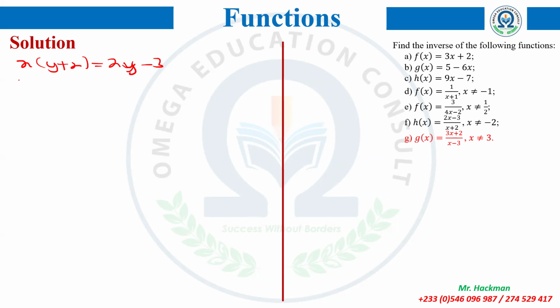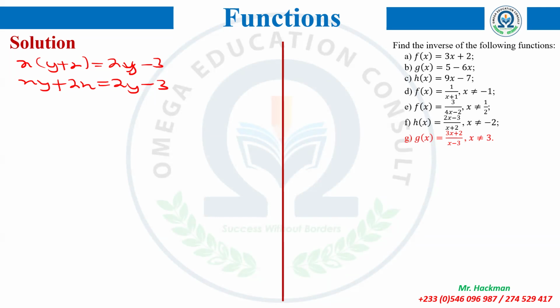So you get xy plus 2x is equal to 2y minus 3. Unlike the previous examples, the first 3 or 4 we've done, where after your cross multiplication and expansion you had only one term in y, here we have more than one term in y, and this is the advice.